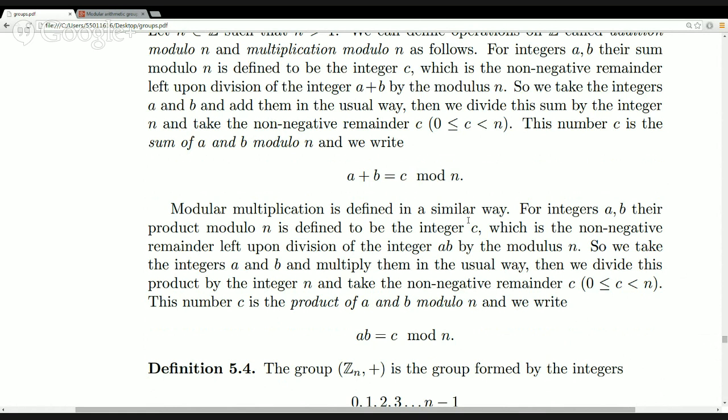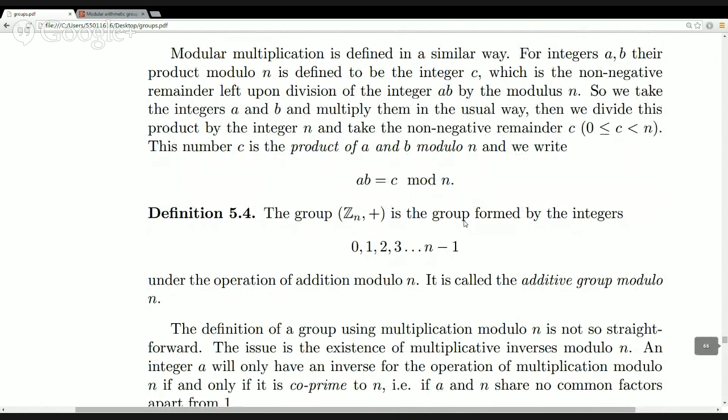So that leads to, for any particular modulus n, two groups. Okay? So it's the group under addition. So we get the group Zn plus under addition, where Zn is the set of all the possible remainders you can have.